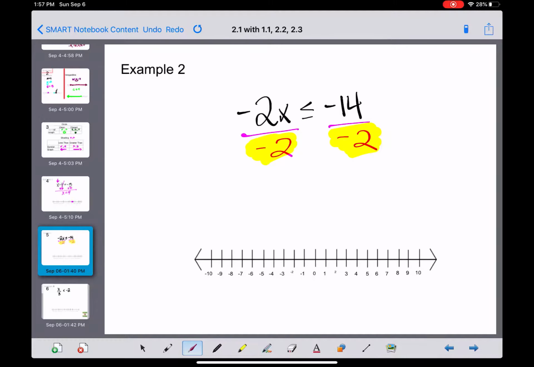So instead of less than or equal to, I'm now greater than or equal to. So x is greater than or equal to 7. Once again, we're working with a greater than or equal to symbol. Therefore, I'm going to have a filled in circle, and I need to represent all numbers that are greater than 7. So 8, 9, 10, and all values to the right.